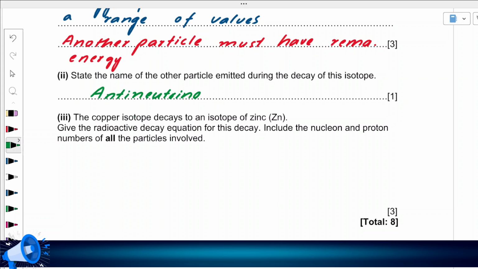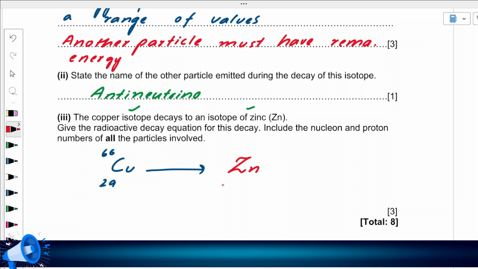Okay, then we have the copper isotope. It decays into zinc, and the decay is beta negative, so we need to write the equation. These are the easiest 3 marks that you can have. Copper 29, 66, as mentioned above, decays into zinc.